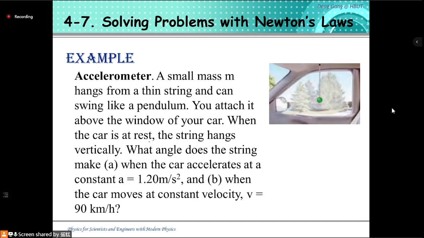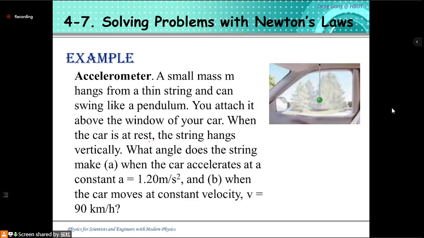They move together, right? So this ball will also move with this acceleration. But if it does not change its direction and is still hanging vertically, that's not possible.